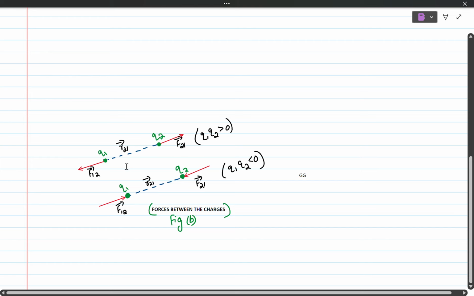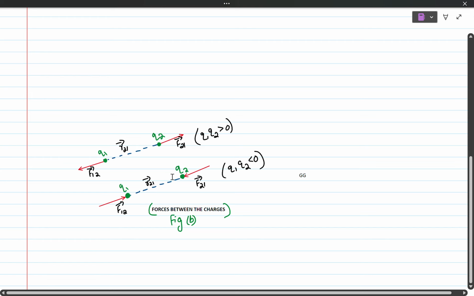So this first case is for repulsive, and in the second figure, you can see Q1 and Q2. Here the product of Q1 and Q2 is less than 0, which means these two are unlike charges. One is positive, another is negative. You can see the directions of F12 and F21 are towards each other, which means this represents an attractive force. Hope you understand this topic well.